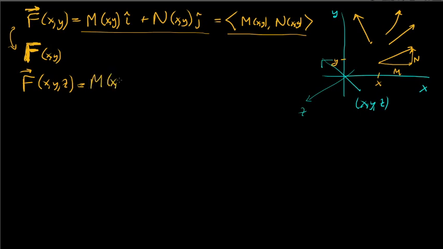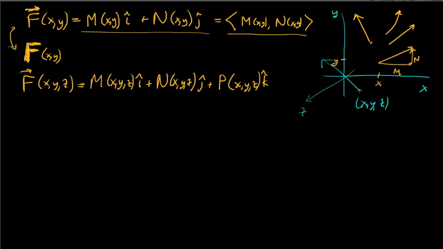The x component will still be m, the y component will still be n, and what comes after n? Well, O, but that's a horrible letter to use because it looks a lot like a 0. So we just go to the next letter, P. So P will be the z component of that vector at that point.